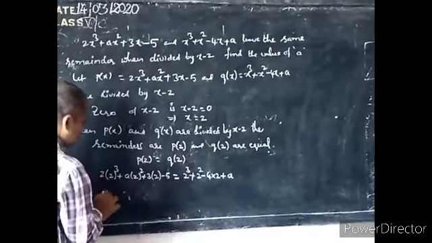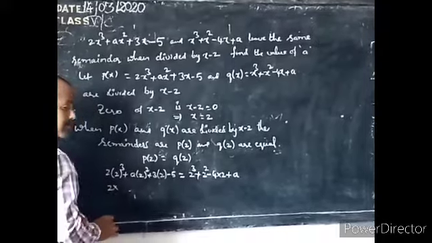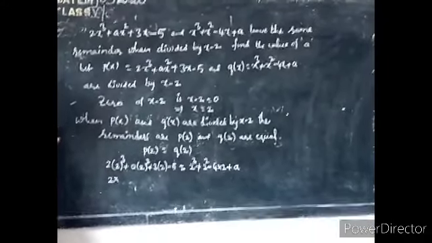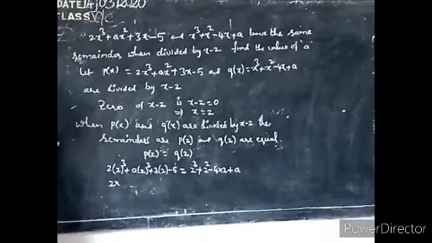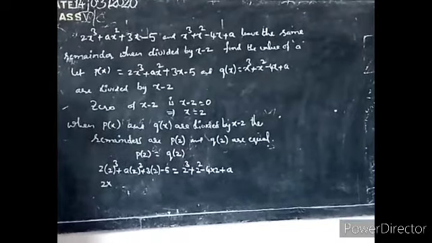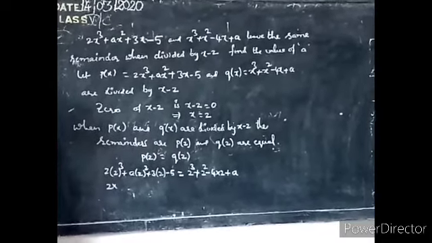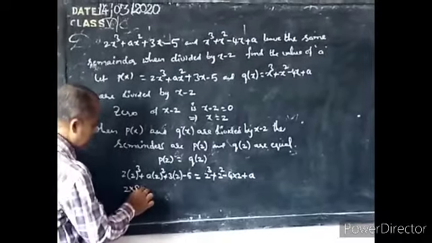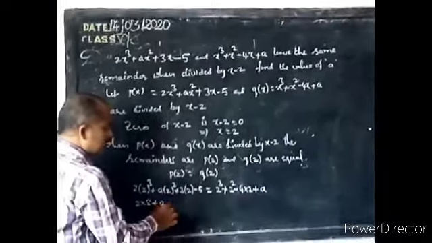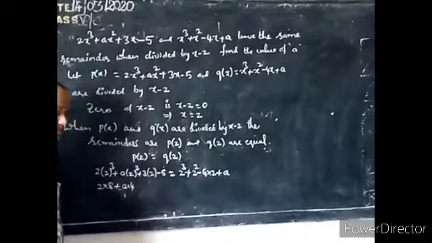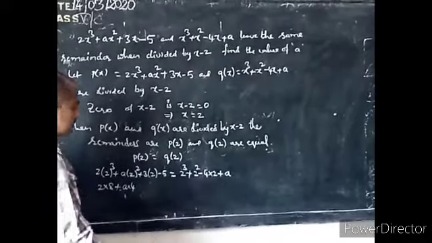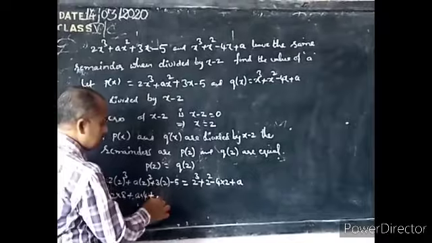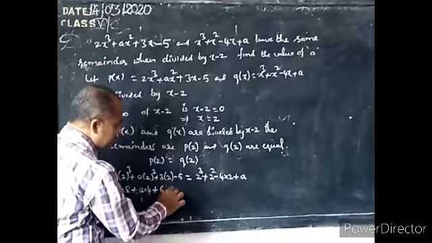Now write 2 into 2 cube. 2 cube value is how much? 2 into 2 into 2. 2 2s are 4, 4 2s are 8. Plus a into 2 square, 4. 2 square means 2 into 2, plus 3 2s are 6 minus 5.